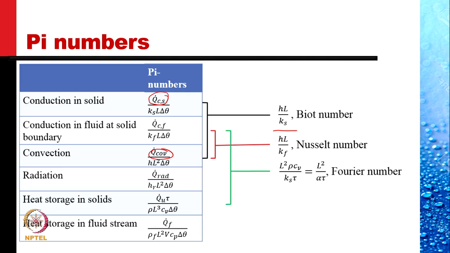If we equate the scale factors for conduction in fluid at solid boundaries with the heat storage in solids relevant to unsteady conduction for a solid immersed in a stream of fluid, the pi number that we get is L square by alpha tau, which is termed as Fourier number and abbreviated as Fo, where alpha is Ks divided by rho Cv, thermal diffusivity.